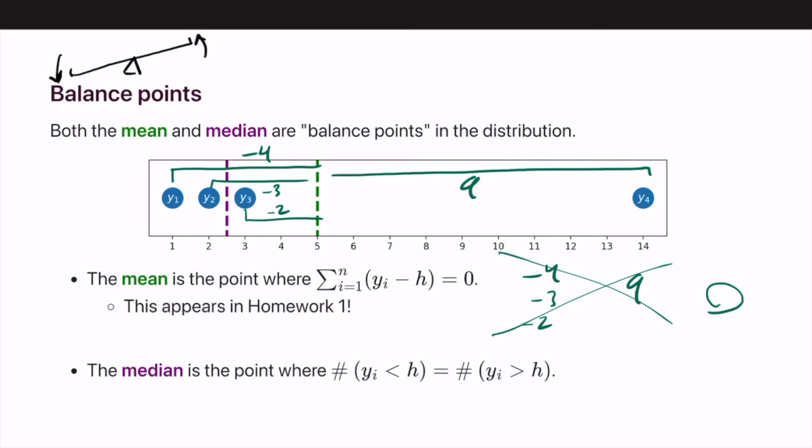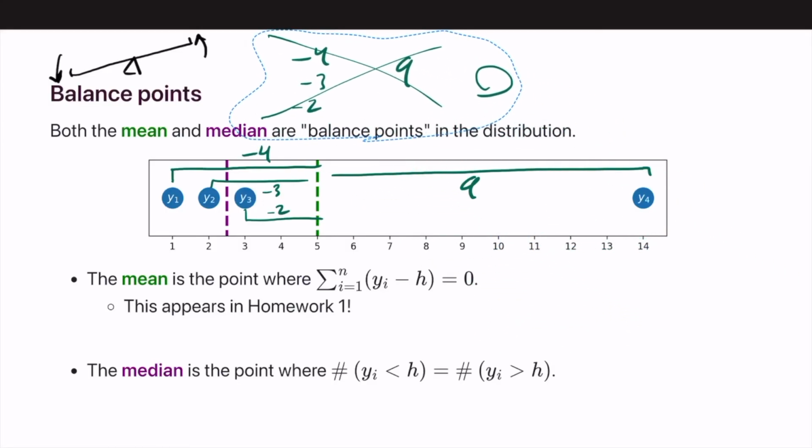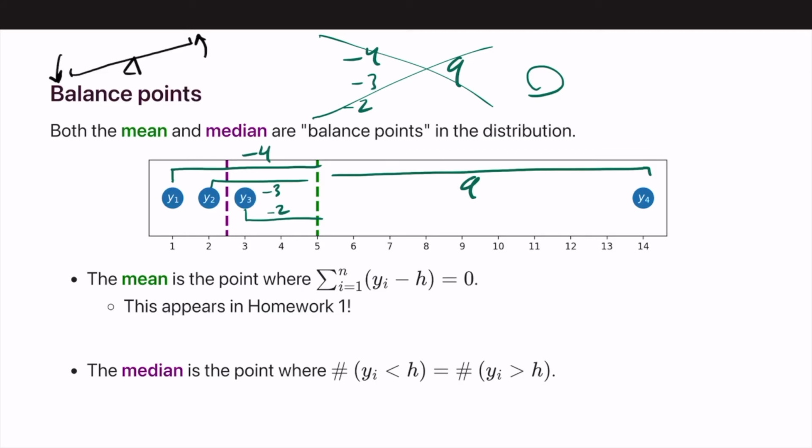So another way that we can write it is it's the sum of the distances below and the sum of the distances above our H. So we can more formally or mathematically write it as the sum of the points where yi is less than h, of yi minus h, equals the sum of where yi is greater than h, of yi minus h.